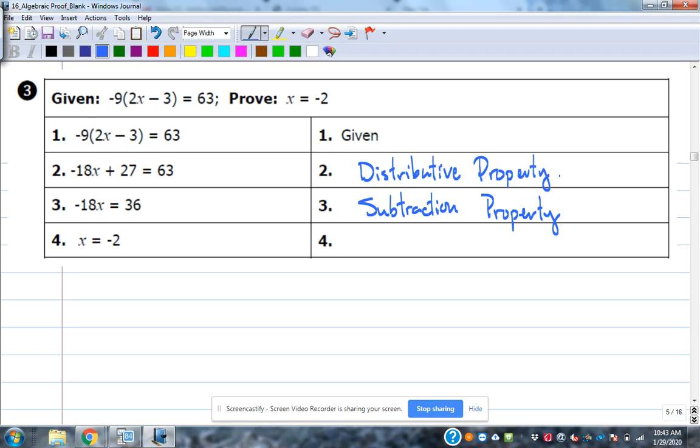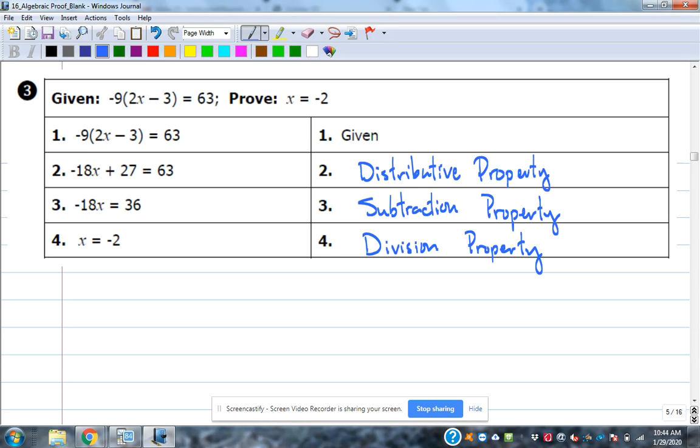And then finally, division property to get from step 3 to step 4. All right, pretty easy stuff here.